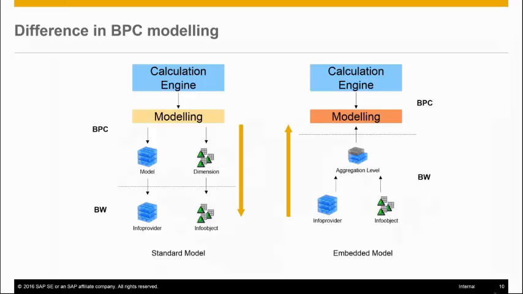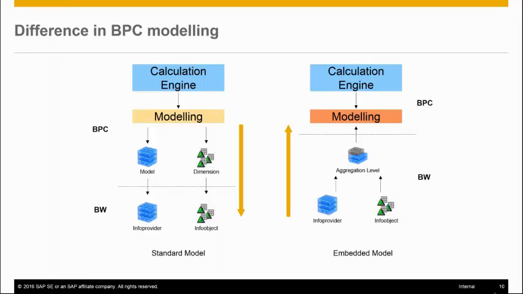Based on this aggregation level, we can start to create a model on the BPC side. So you will see the direction is the opposite. The modeling starts from the BW side instead of the BPC side. So in embedded model, BPC will not be responsible for creating any objects.